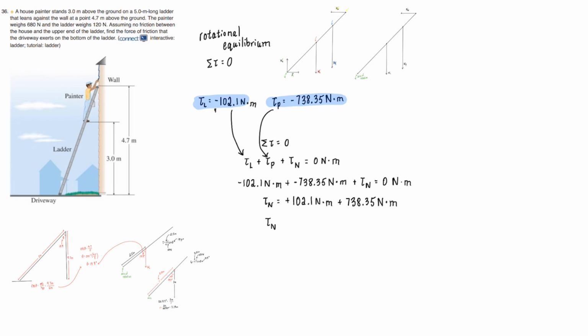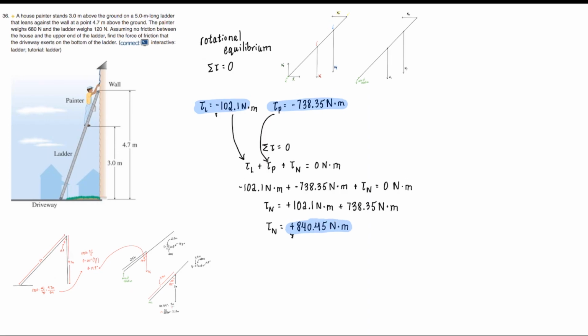So the torque caused by the normal force at the top of the ladder comes out to be positive 840.45 Newton meters. And notice that this is a positive torque. That's because the normal force is pushing the ladder in the opposite direction that the weight was. And so the normal force is causing a counterclockwise rotation. So whenever we have a counterclockwise rotation, we treat that as positive as opposed to negative.